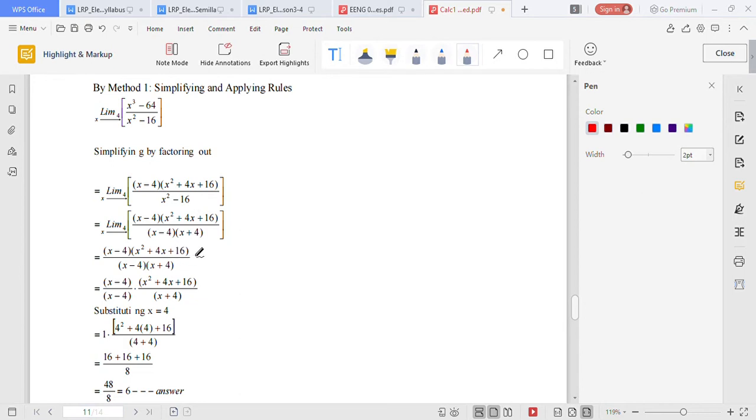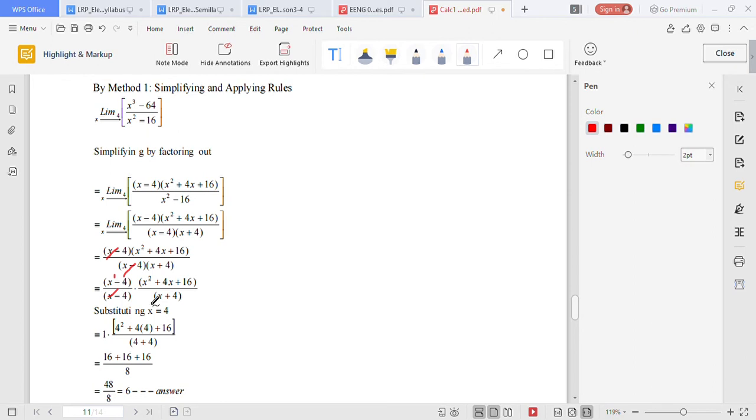If we observe this, we can cancel out like terms. So, we have x minus 4. We can cancel this, or convert that into a value of 1.